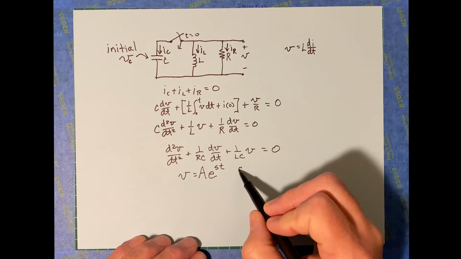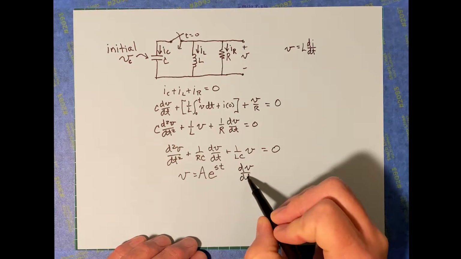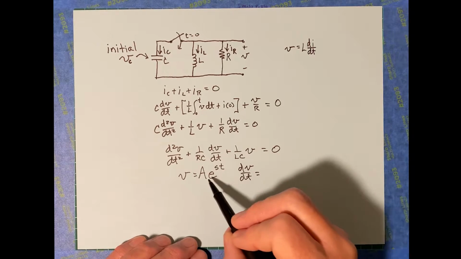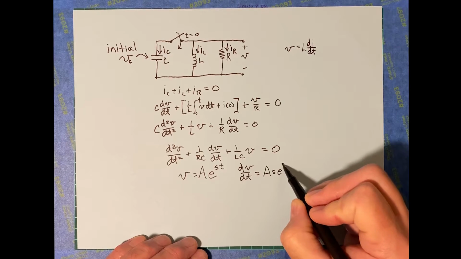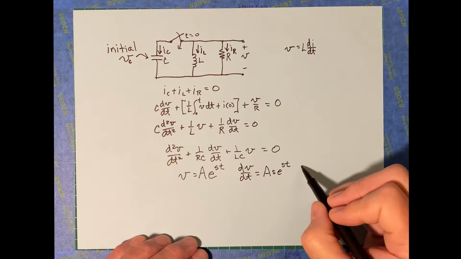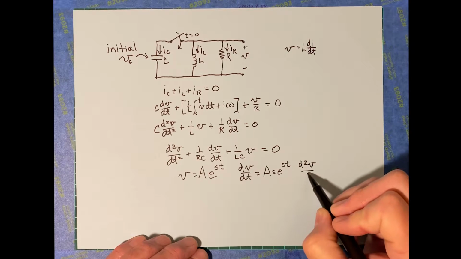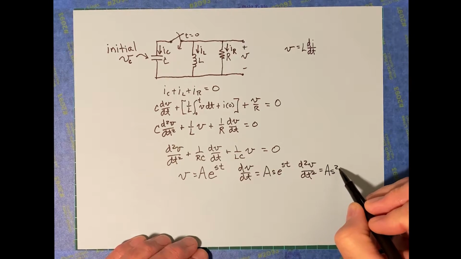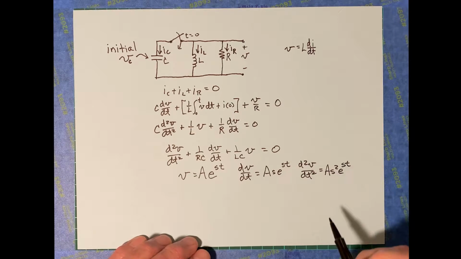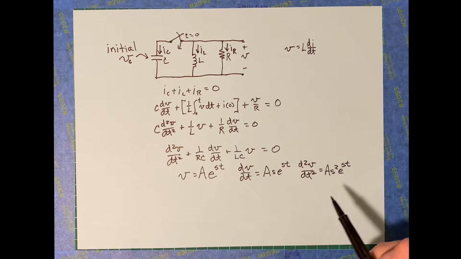When we do that, dv/dt is just going to be a s e to the st, and then d squared v/dt squared is going to be a s squared e to the st, like that.